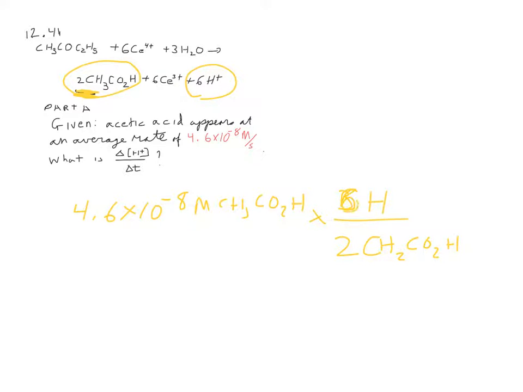I'm doing the math in my head already here. Multiply everything on top, divide through by everything on the bottom, and you wind up with 1.4 times 10 to the negative 2nd molar per second.